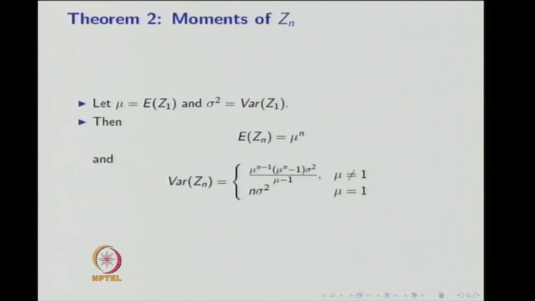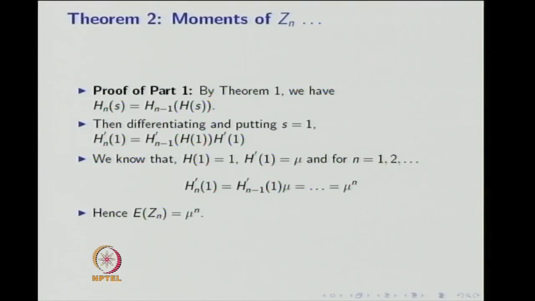Now, we are finding the moments of zn. Let mu is equal to expectation of Z1 and sigma square is nothing but the variance of Z1, then expectation of zn is mu power n, and the variance of zn will be, for mu equal to 1, n times sigma square, and for mu not equal to 1, it will be mu power n minus 1 times mu power n minus 1 times sigma square divided by mu minus 1.